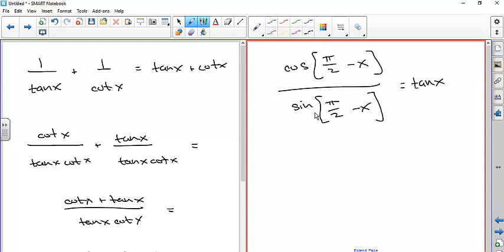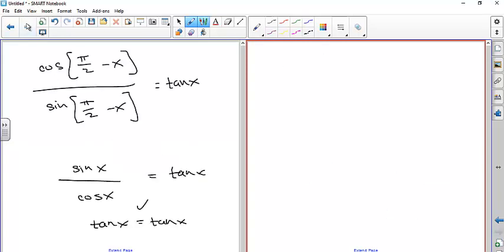If you go back to the beginning of chapter 5, section 1, you can replace the cosine of pi over 2 minus x with the sine of x, and you can replace the sine of pi over 2 minus x with the cosine of x. So that's using these cofunction identities. And then, of course, the quotient identity says the sine over cosine equals the tangent. And there we are. We are done verifying it.